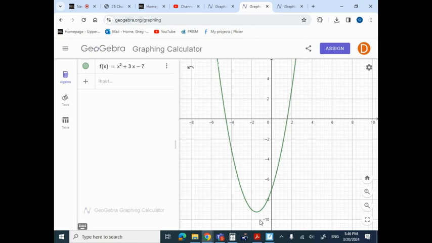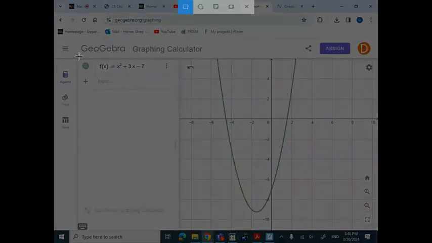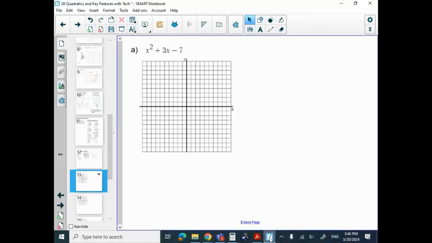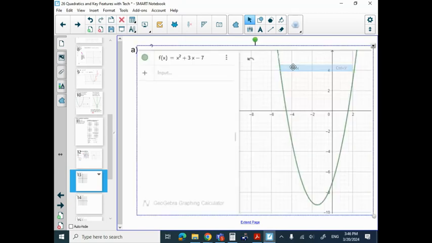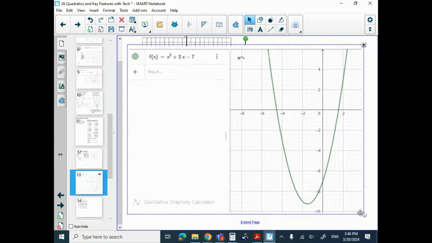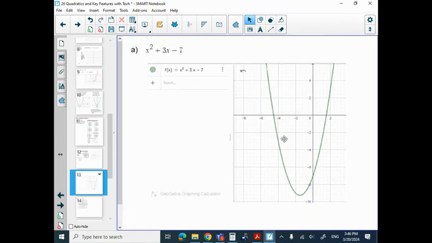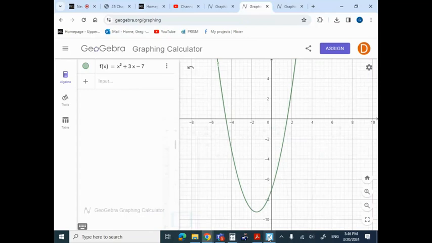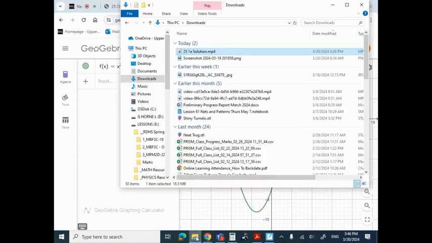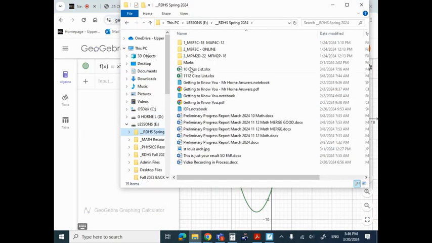So screenshot of that stuff. Let's just do it that way to make it easy. So that's the result we got from GeoGebra. No, let me just grab it here.